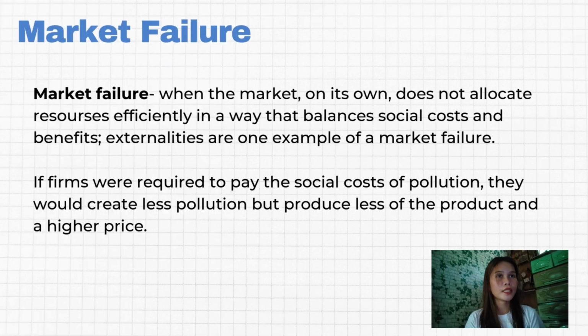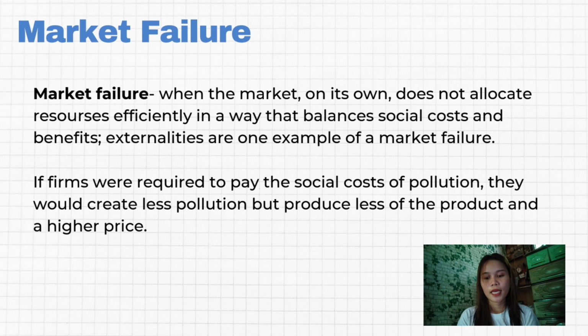Next, we have market failure. Market failure is when the market on its own does not allocate resources efficiently in a way that balances social costs and benefits. Externalities are one of the examples of a market failure.